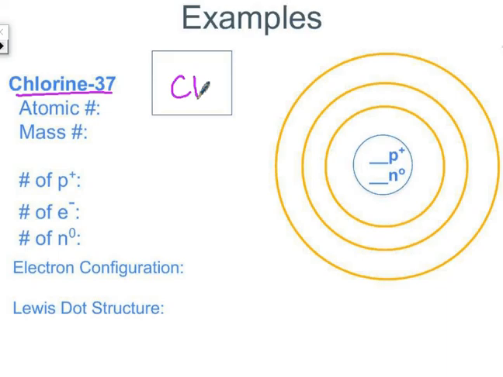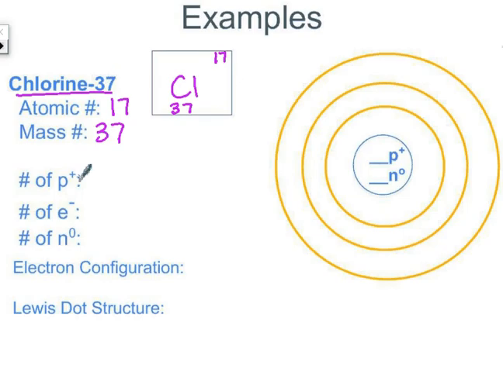If you look at your periodic table, you'll see chlorine is atomic number 17, and the atomic mass on the periodic table is 35.4, but this one is telling you that it is specifically an atomic mass of 37. So your atomic number, where do I get it? From the periodic table, it is 17. What is the mass of that specific chlorine? We're going to say that it is 37 because it tells us right here.